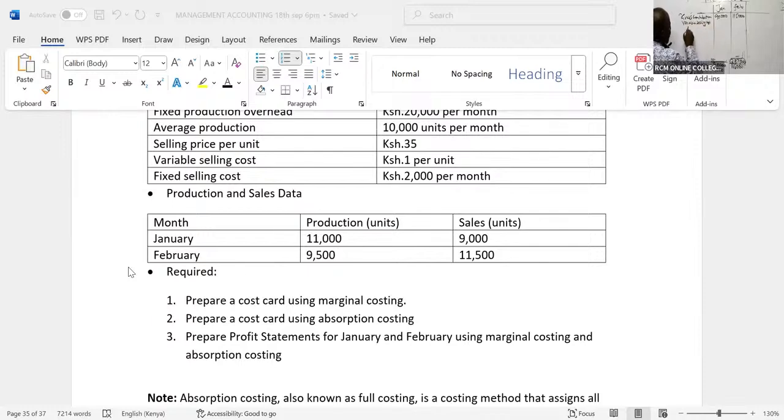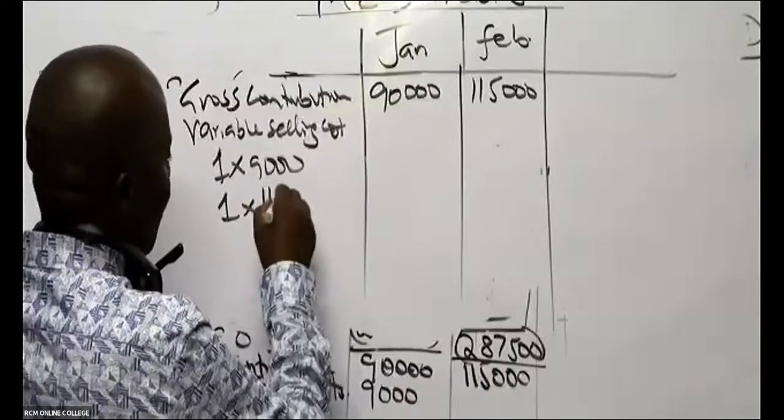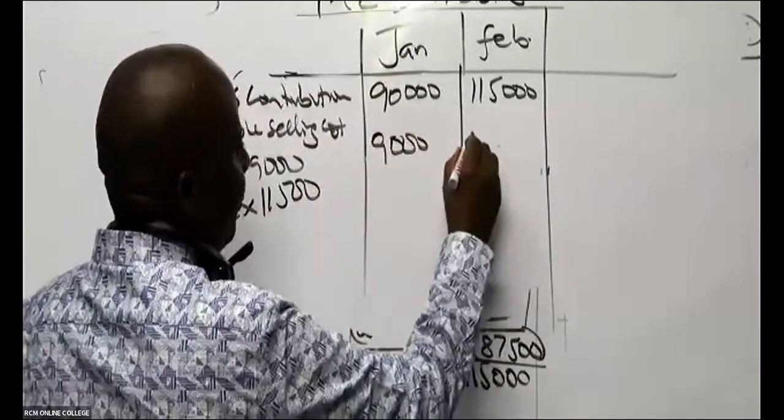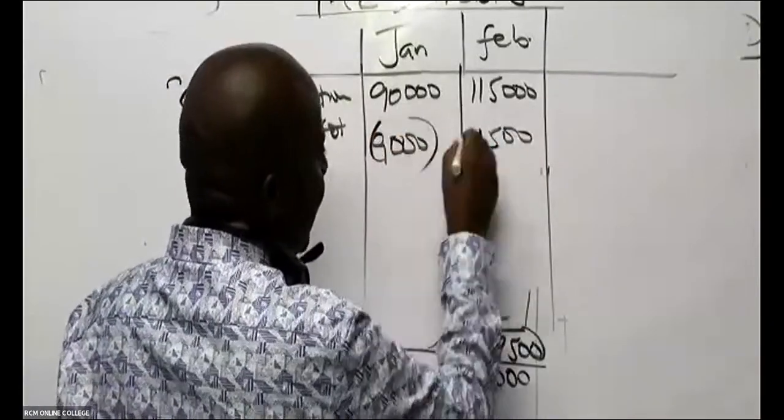So January, it will be 1 times 9,000. February, it will be 1 times, how many units do we sell in February? 11,500. So we sold 11,500. So this one here will be 11,500. Yeah, please subtract. That is the only one.